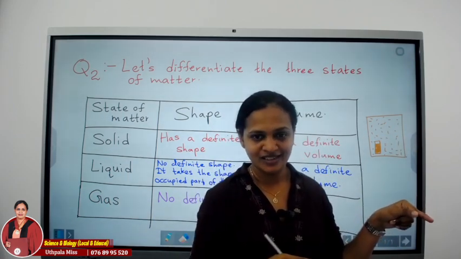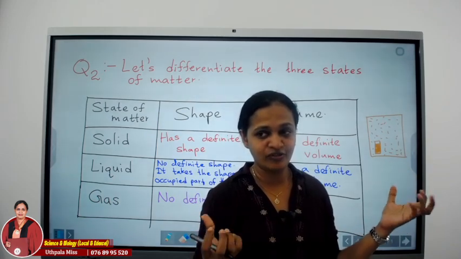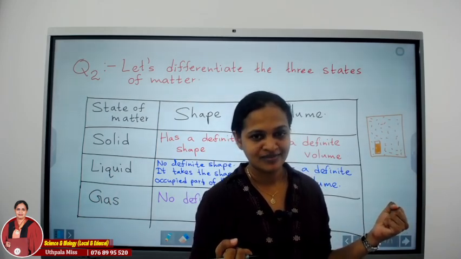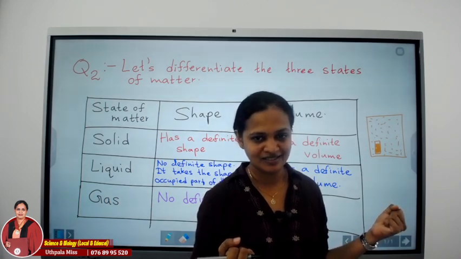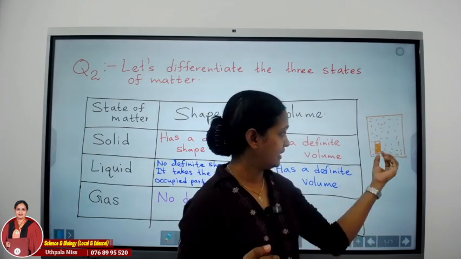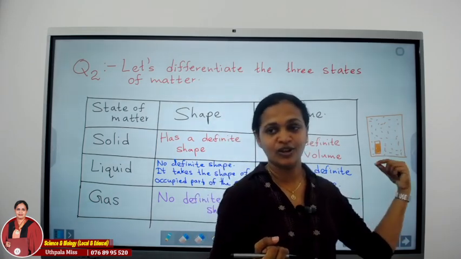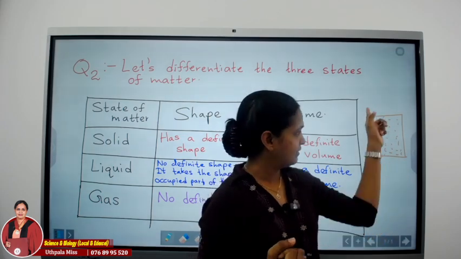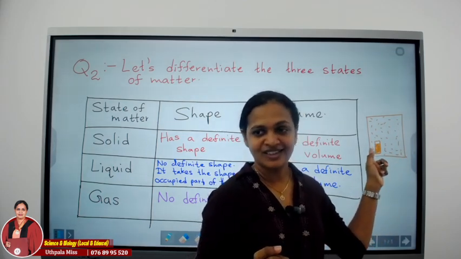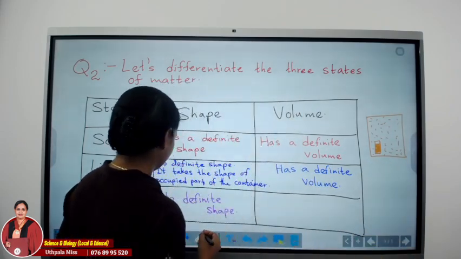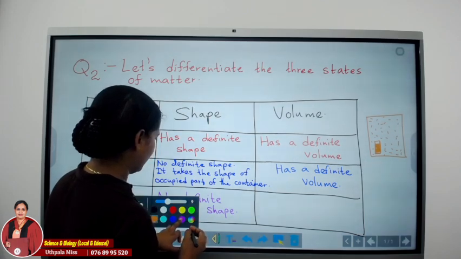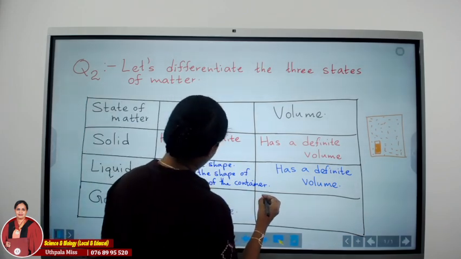Did you get that? So does a gas have a definite volume? Sidhuli, does a gas have a definite volume then? No, teacher. At the beginning, the volume was the volume of the cylinder. Then after the leakage, it is the volume of the whole room. Therefore, we can say a gas does not have a definite volume either.